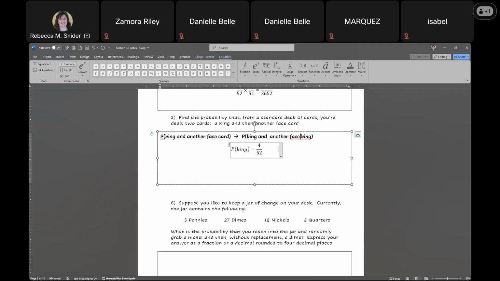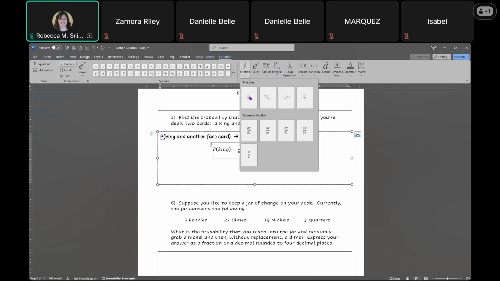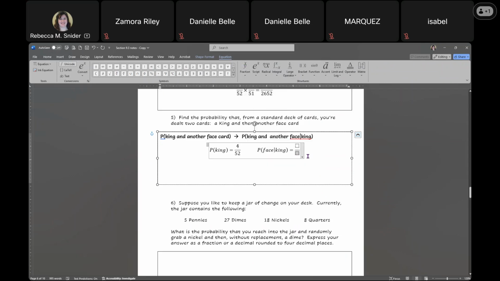We then need our conditional probability: given that we are going to draw a face card, given that we are already holding the king card. Just like before, I'm already holding a card, so my total is 51. Since there are 12 total face cards in a deck, and I'm already holding one of those cards, it means my numerator has to be 11.